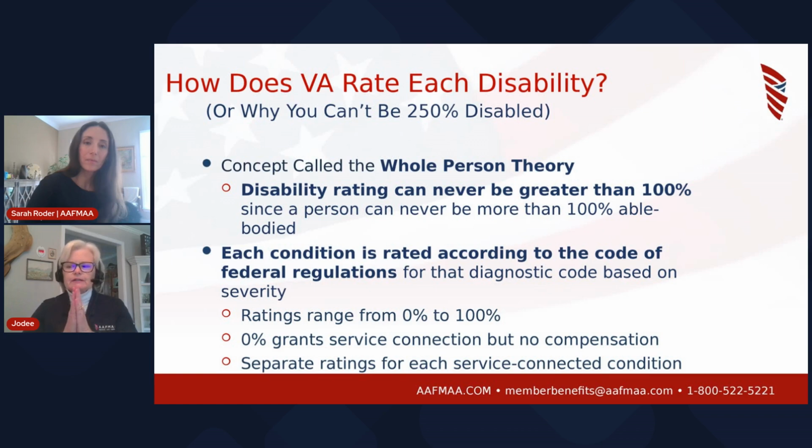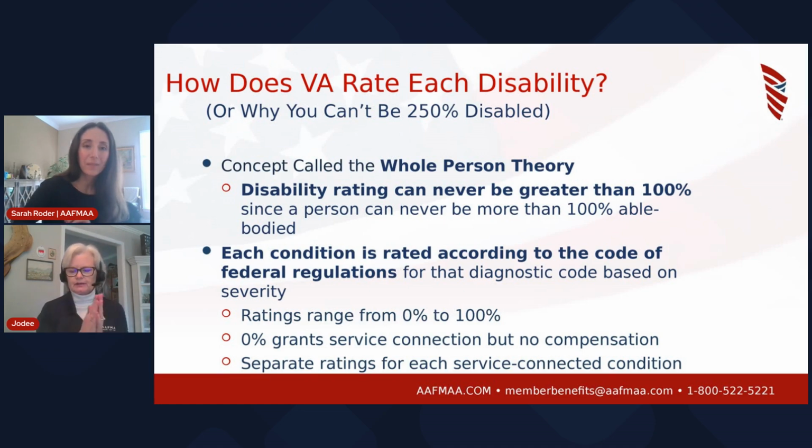The theory is that if you are 10% disabled, then you are also 90% healthy. So the next rating is not added on top of the previous one, but it's used to take a percentage of the healthy 90%.